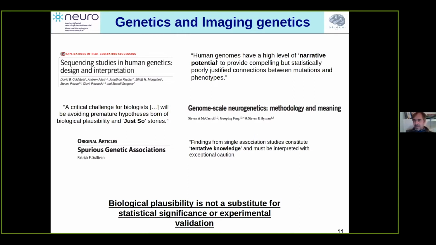And in the field of imaging genetics and genetics, there's a lot of thought about the fact that the storytelling aspect of papers sometimes supersedes the actual solidity of the statistics. So the conclusion of Jason is that biological plausibility is not a substitute for statistical significance or experimental validation.